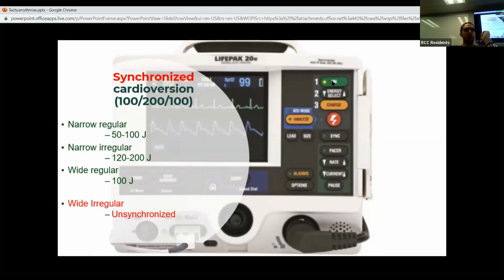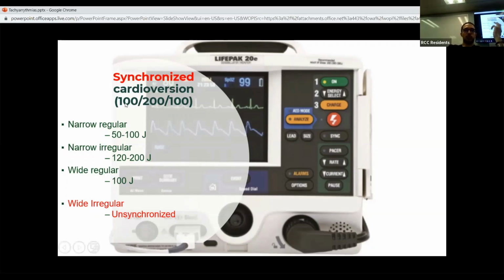If the patient is having any arrhythmia other than wide irregular, other than VFib or torsades, you will deliver a synchronized shock. So once you open the defibrillator, the first thing is to synchronize the shock. So you will synchronize it, then you will choose the energy, then you will charge it, and then you will deliver the shock.